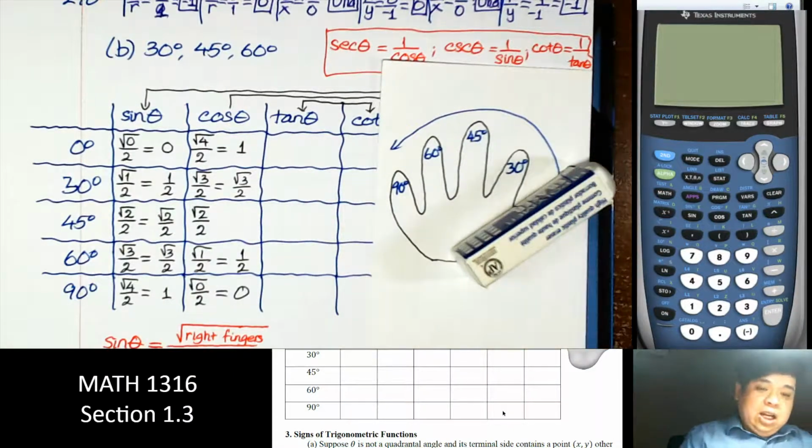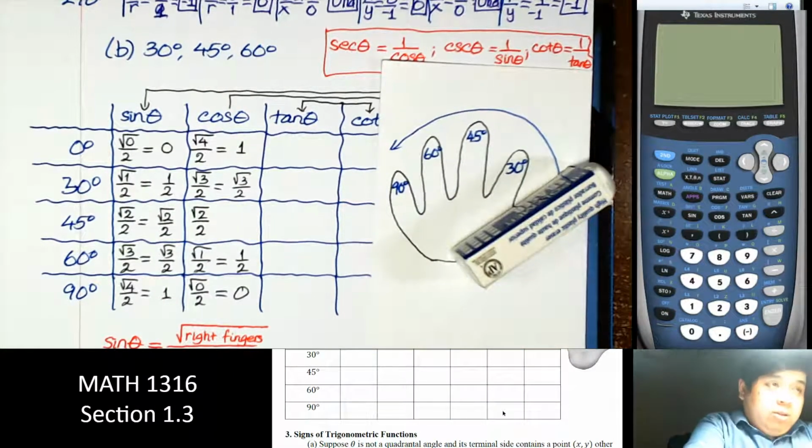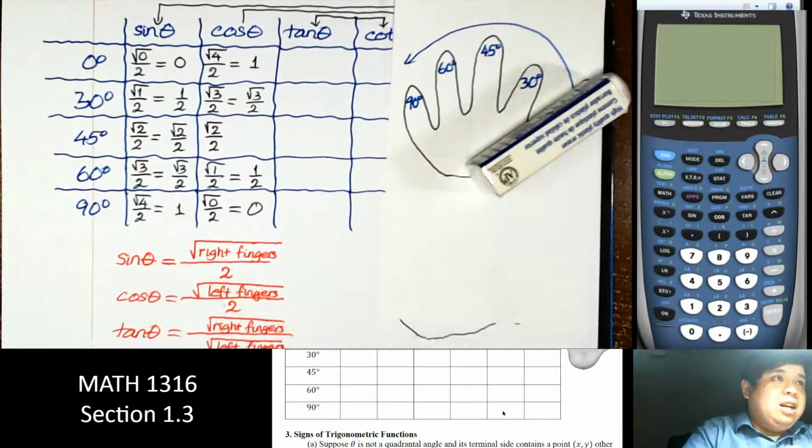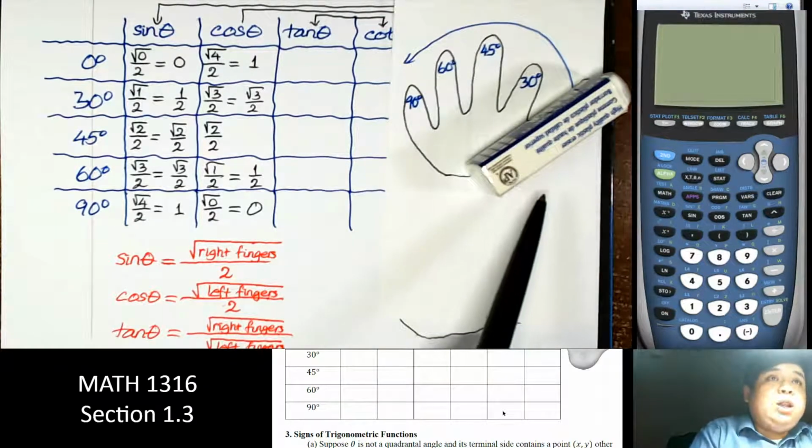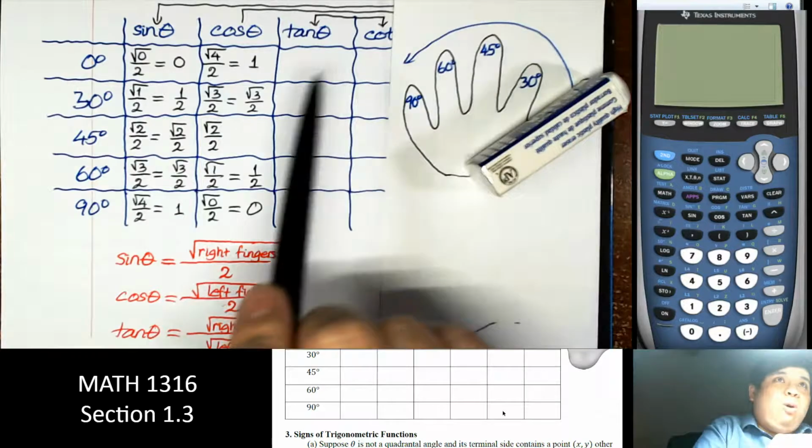0 degrees. According to this, tangent is the square root of the right fingers divided by the square root of the left fingers. No fingers on the right, 4 fingers on the left.